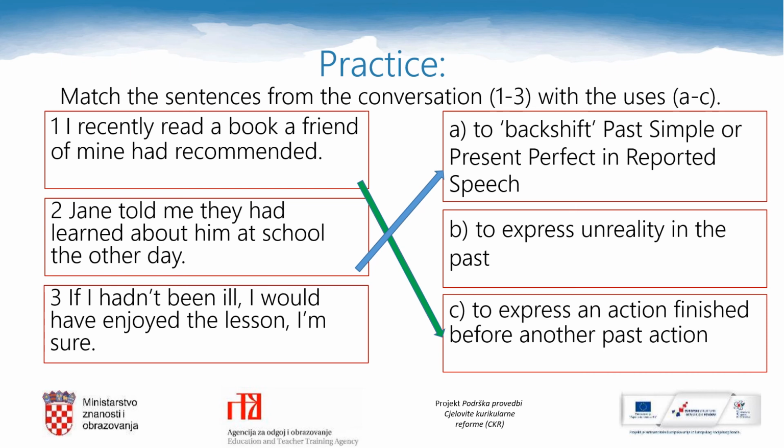So past perfect is used to backshift past simple or present perfect in reported speech. And 3 and B. If I hadn't been ill, I would have enjoyed the lesson, I'm sure. Past perfect is used to express unreality in the past.